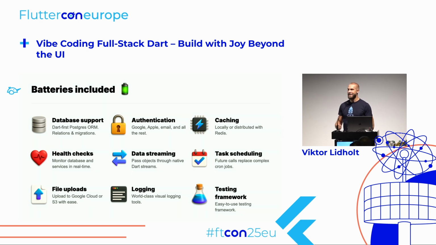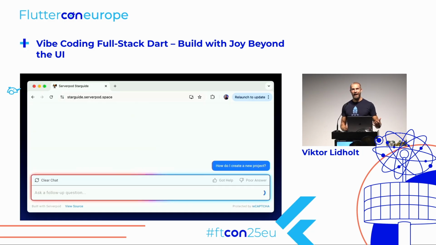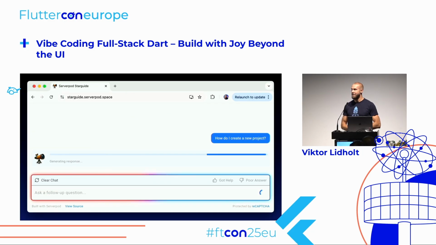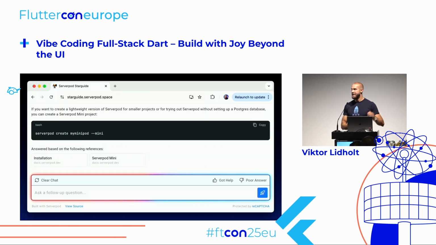And one of the things we built with Serverpod and for Serverpod is something we call Star Guide. So it's a way to basically search our documentation, but with an LLM. And the way this works is you just type in a prompt, and we send it to our server, and then we have a vector database where we stored all our documentation, but also we're storing all discussions from GitHub with answers and issues that are filed.